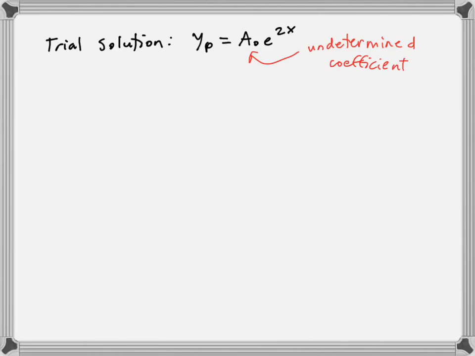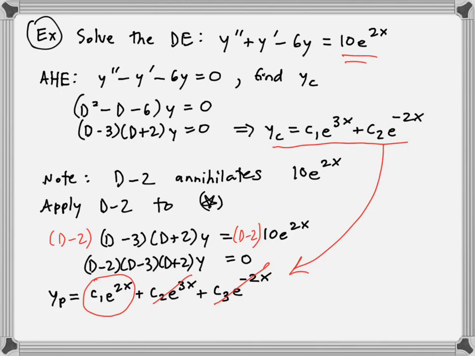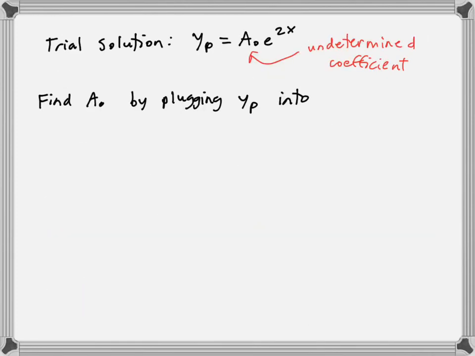What we need to do is to find a naught now, because actually not every value of a naught will work. Okay, so we need to find a naught, and we're going to do that by plugging yp into the differential equation. Did we call it something? Well, let me call it star.